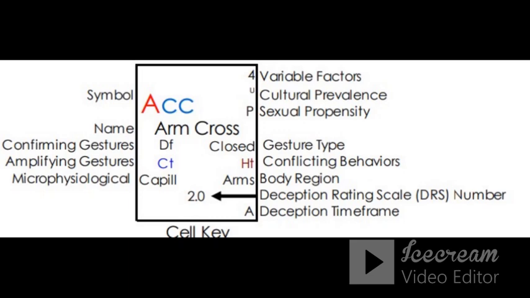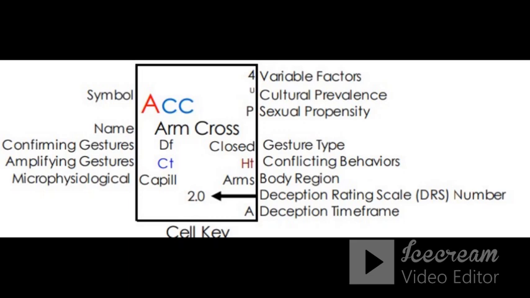And in this case, arms crossed represents closed off, but it could represent being cold, guarded, protecting the internals. Conflicting behaviors, another abbreviation, HT, which I'm not sure if HT is head tilt or if HD is head tilt.